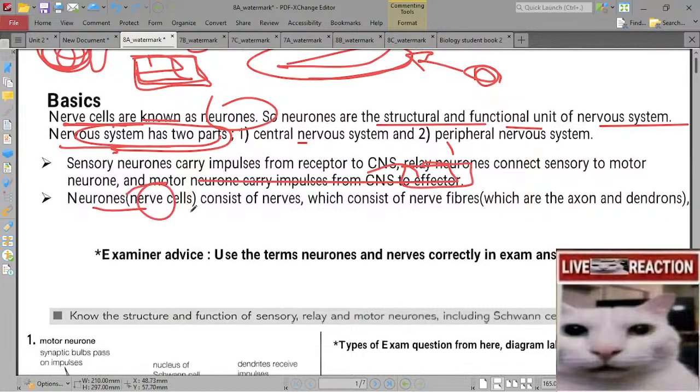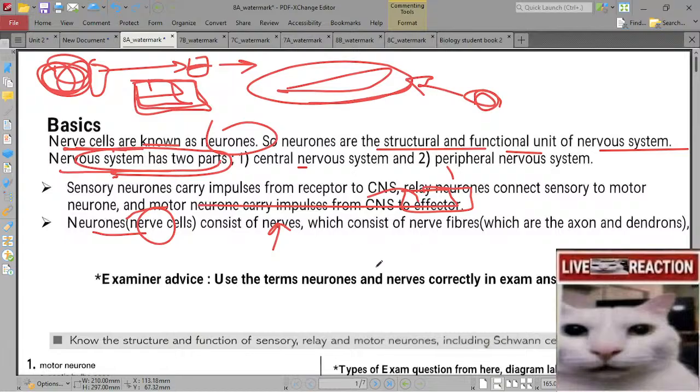Now, neurons, which are nerve cells, consist of nerves, which consist of nerve fibers. Keep this in mind: nerve cells are known as neurons, which are the building blocks or units of the nervous system. They consist of nerves, which consist of nerve fibers.